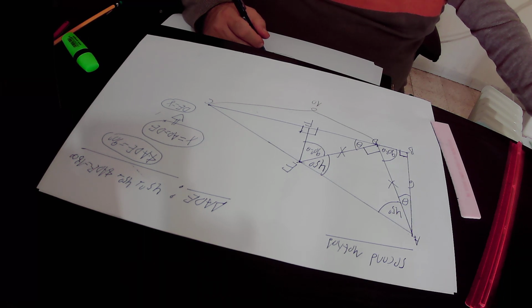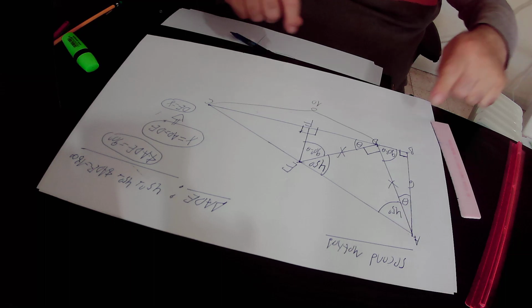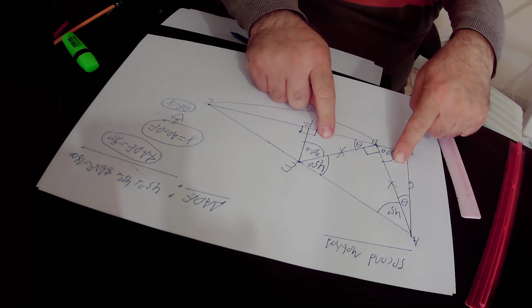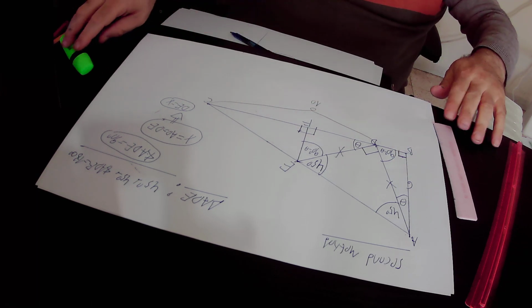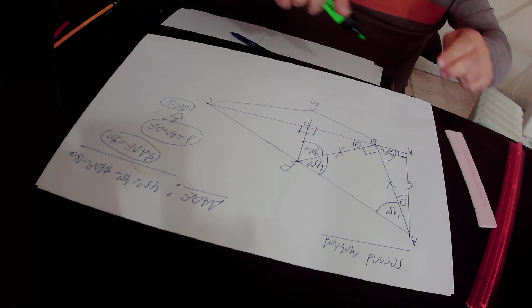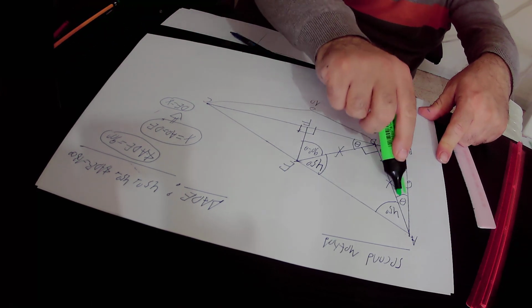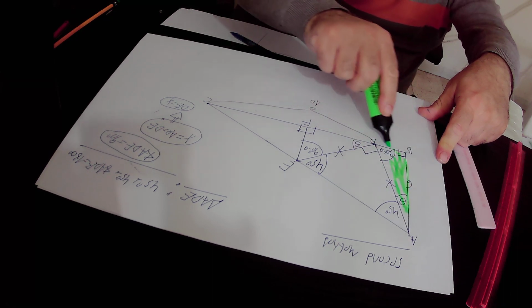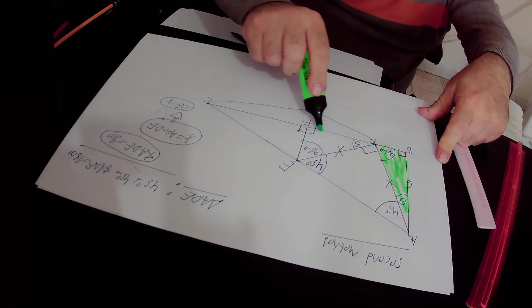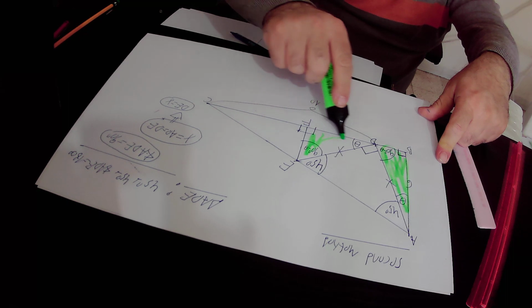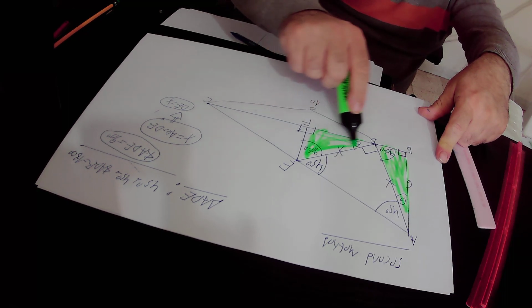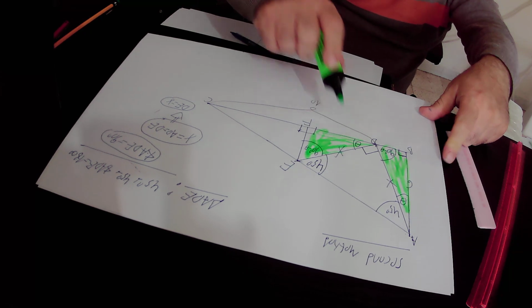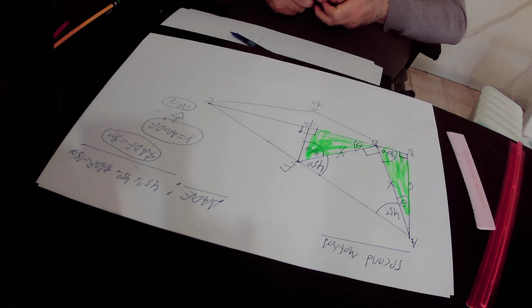In the next step, we will prove that those two right triangles are congruent to each other according to the angle-side-angle rule. Okay, we will prove that the right green triangle, triangle ABD, is congruent to the right green triangle, triangle EDF, according to the angle-side-angle rule. Okay, I'll write it down.